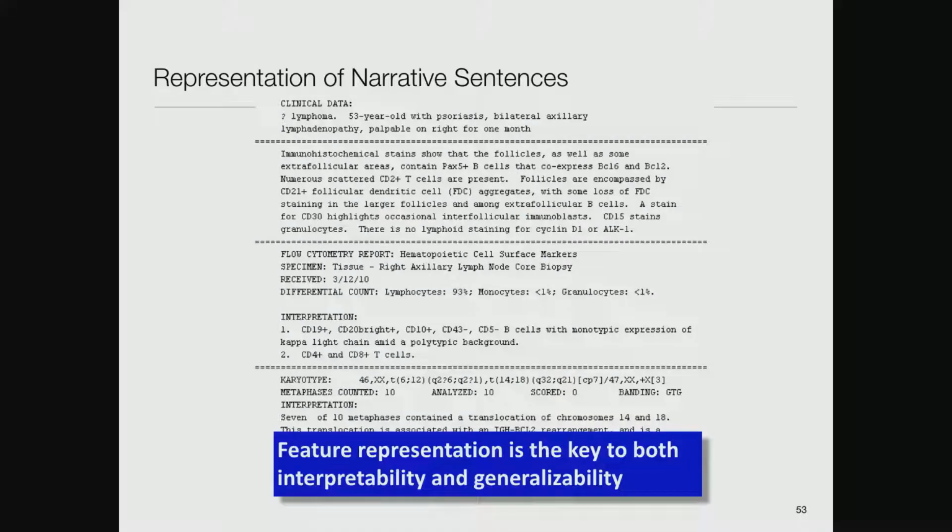There are, again, a few more tricks because this is dealing with language. And so this is a typical report from one of these lymphoma pathologists that says immunohistochemical stains show that the follicles blah, blah, blah, blah, blah, right? So lots and lots of details. And so he needed a representation that could be put into this tensor factorization form.